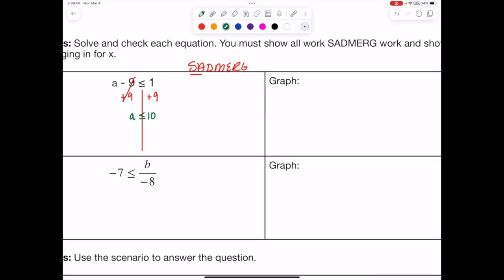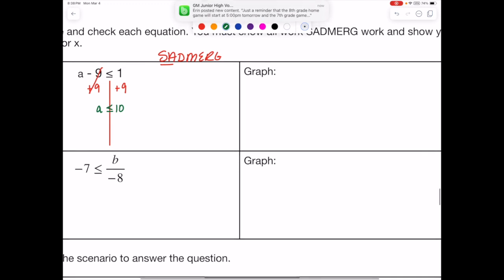Let's go ahead and graph that. Remember, we're going to draw our line, do our 3 tick marks, tick, tick, tick, boom. Write your target number, which is 10. Write one bigger, which is 11, one smaller, which is 9.